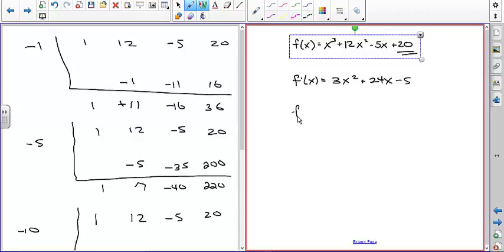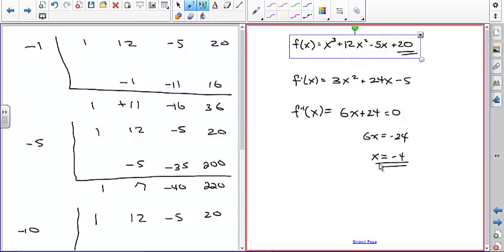And the second derivative is 6x plus 24. Setting the second derivative equal to 0 and solving for x comes out pretty easy. That's the easiest one. So x equals -4.